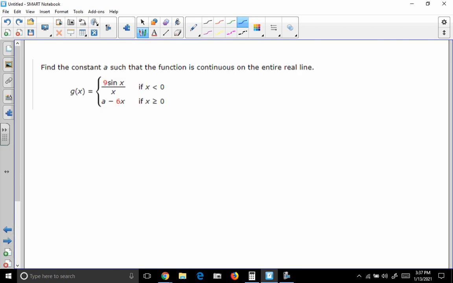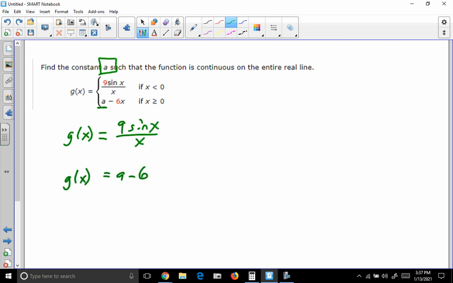Now we have one more problem. And on this one, they want us to find what number we get here so that this function is continuous on the whole number line. So notice the bottom part, if we think about this as two different functions, 9 sine x over x and a minus 6x.